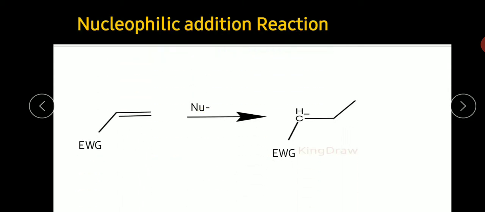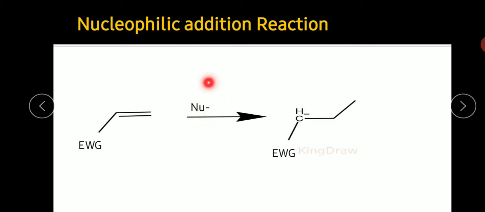Then see the nucleophilic addition reaction. See the example of nucleophilic addition reaction. Now we will see the nucleophilic addition type of reaction in which nucleophile attacks on the alkene and shows nucleophilic type of reaction.